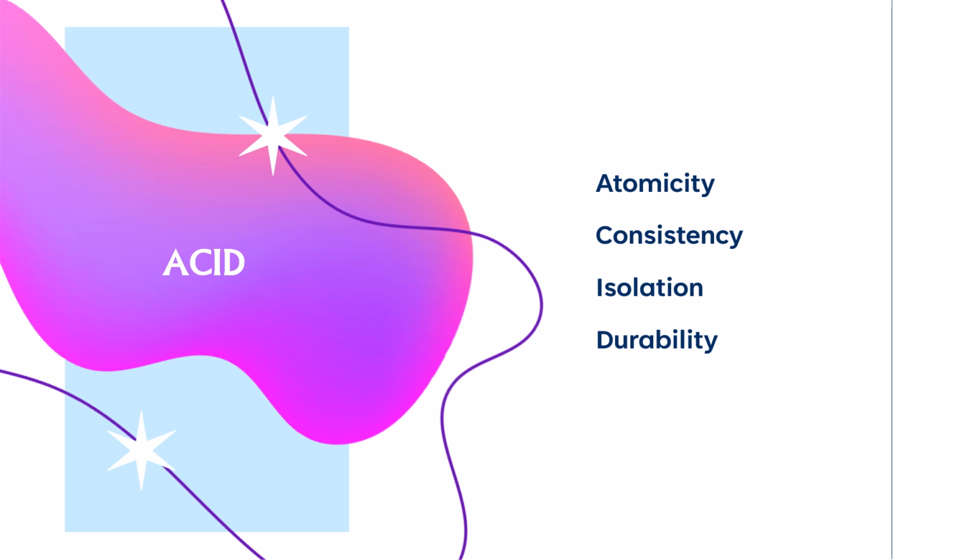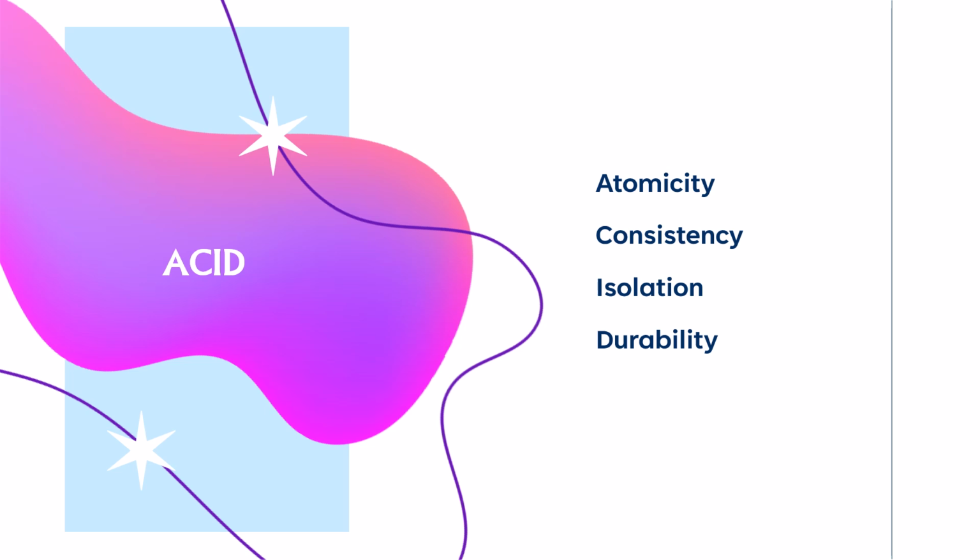But in short, atomicity is all or nothing, and consistency is all about data correctness, meaning that the data has to stay correct before and after the operation. For isolation, transactions don't mess each other up, so every operation should be isolated from each other.